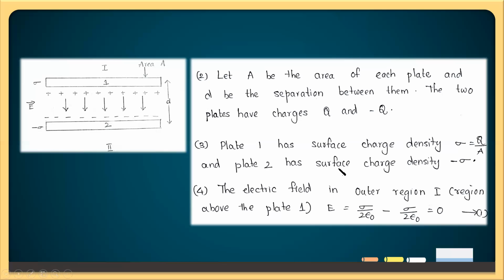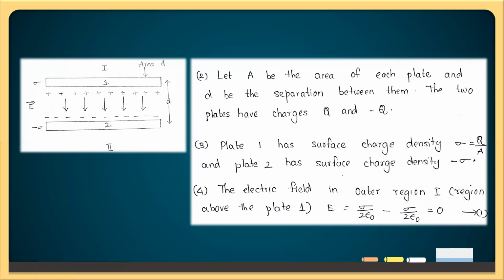Therefore, sigma by 2 epsilon naught of one plate and minus sigma by 2 epsilon naught of the other plate are added up, and the sum is equal to 0. There is no electric field in region 1, because the electric field due to the positive plate and the negative plate cancel out each other.